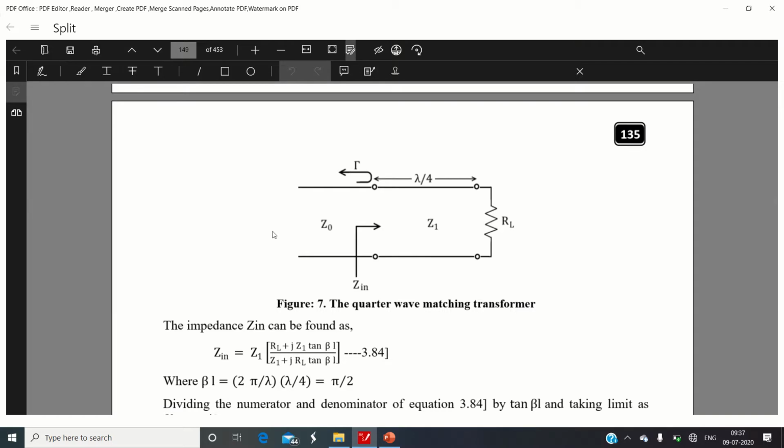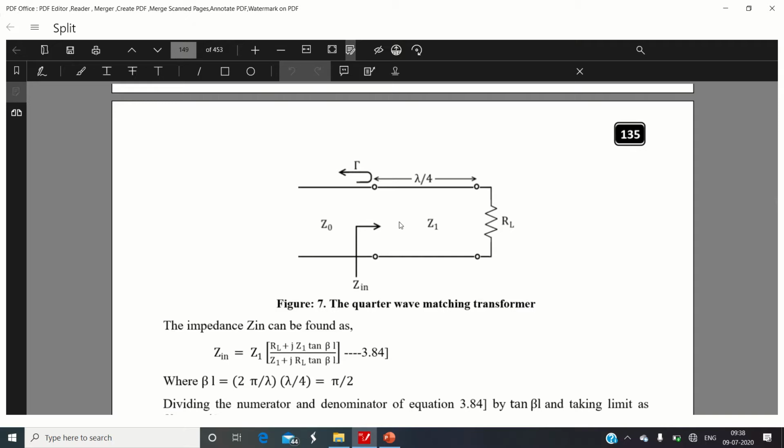Please remember that in the design of the quarter wave transformer or this matching circuit, it is assumed that the generator side on the left of the transmission line is already matched. Our aim is to design the quarter wave transformer such that the load impedance on the right hand side of the transmission line gets matched to the characteristic impedance of the transmission line on the left.